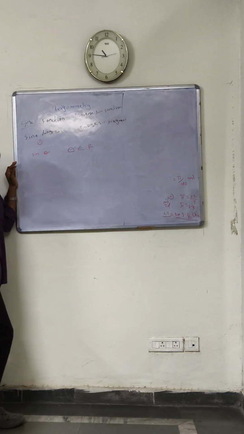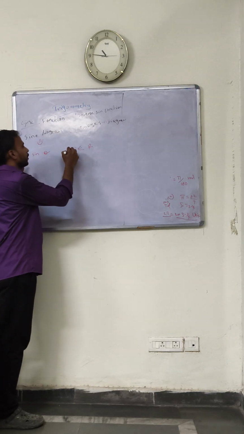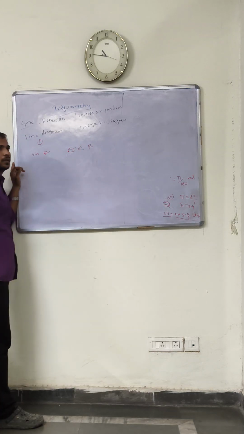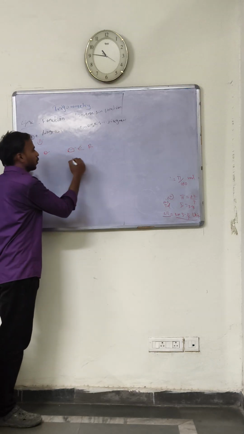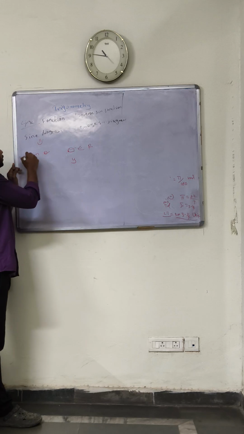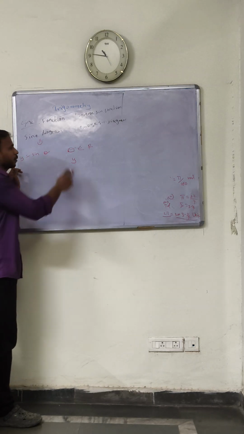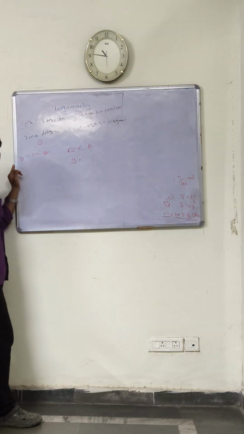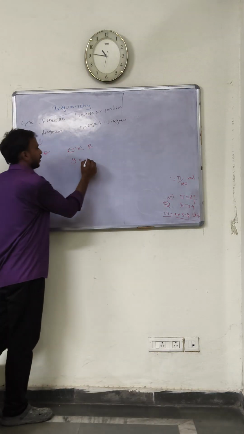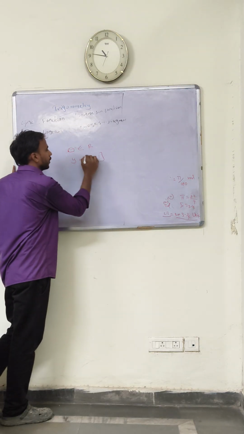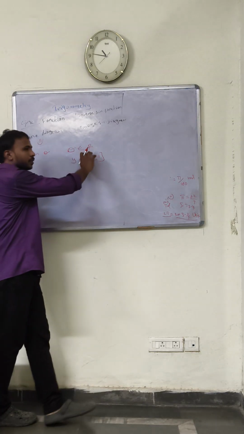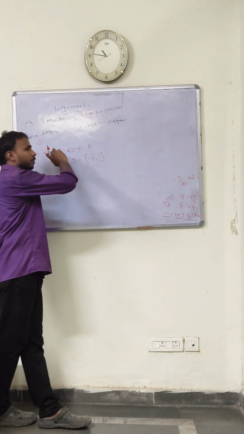What about the y value? Because we consider y equal to sin theta. So what about y? Y is between -1 to +1.